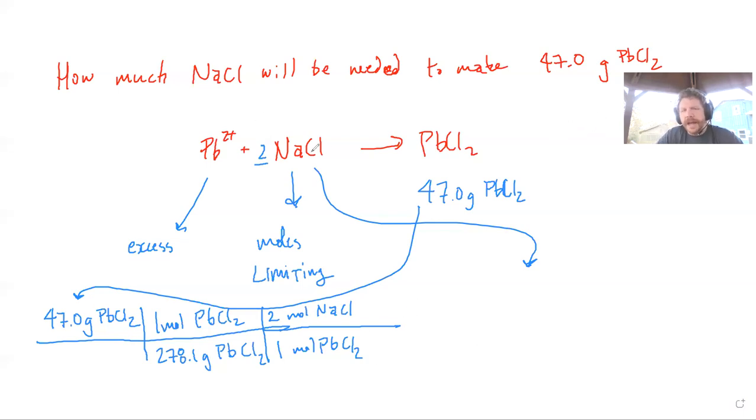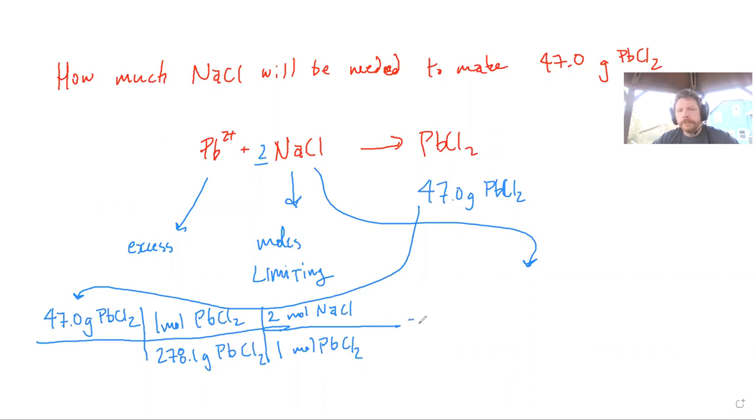Now, this question asks specifically, how many moles of NaCl are required? The way I have this set up, I started with my mass of lead chloride. I converted my mass of lead chloride into moles of lead chloride. And then I converted my moles of lead chloride to moles of NaCl.